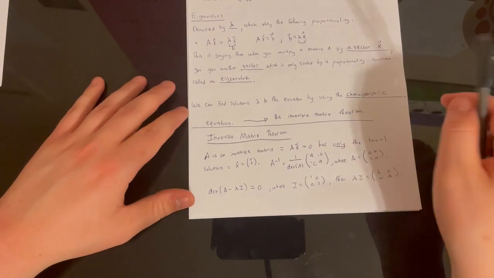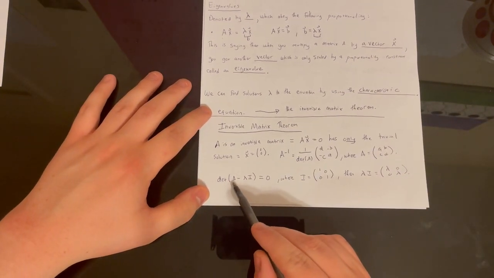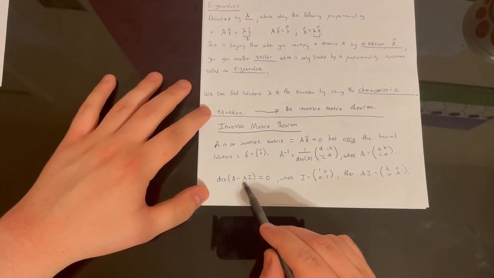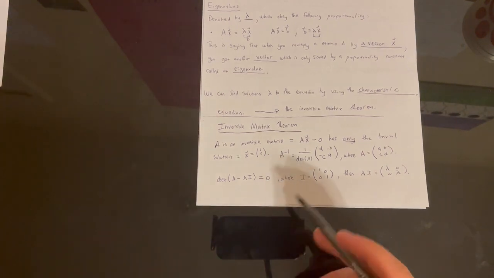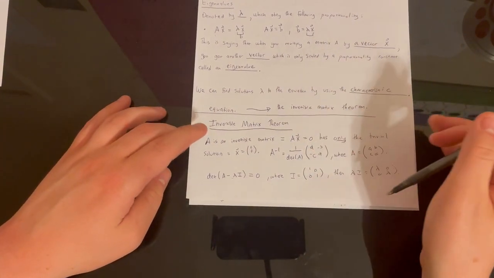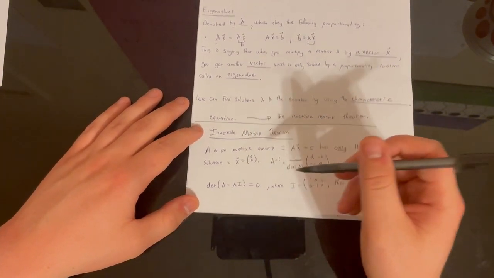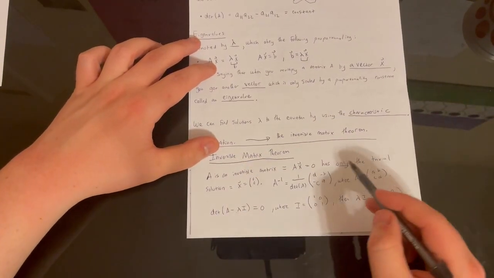So to find these eigenvalues, we use this equation, the determinant of A minus lambda I equals 0, and we solve this for lambda, because solving this for lambda will give us non-trivial solutions by this part right here.